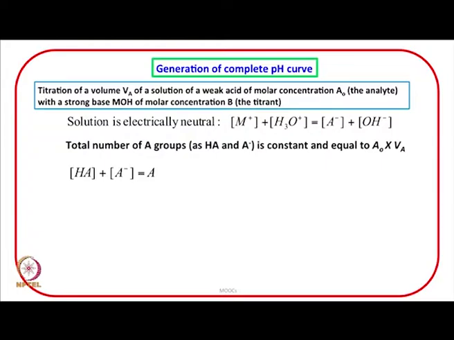But also let us realize that when you are adding an acid to a strong base, the total volume is also changing. Imagine the titration which you do in acid-base.